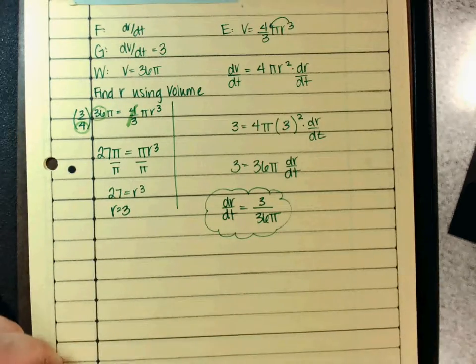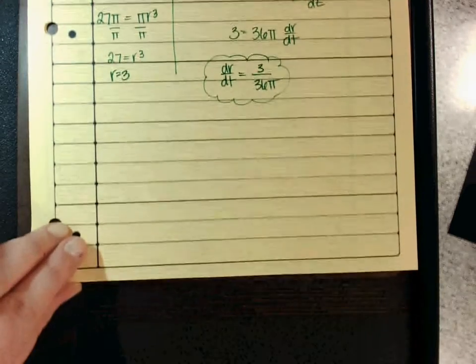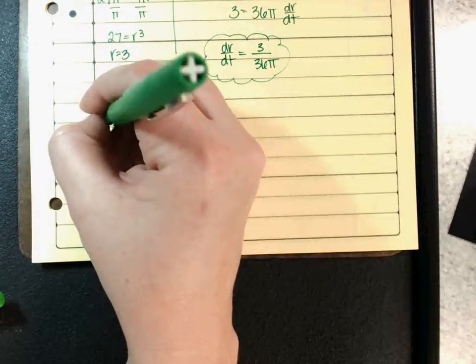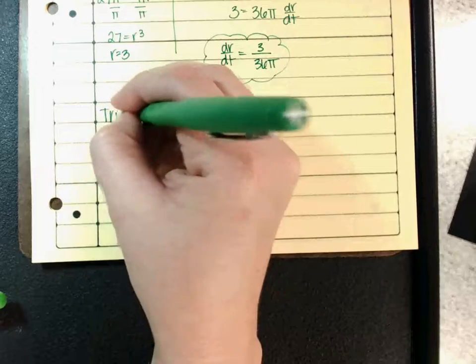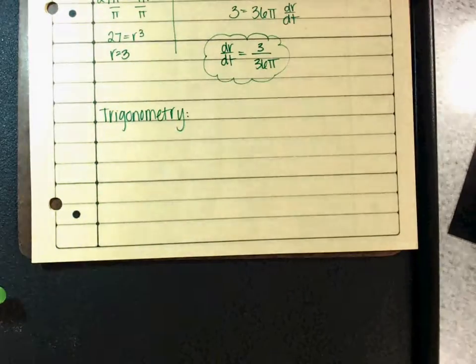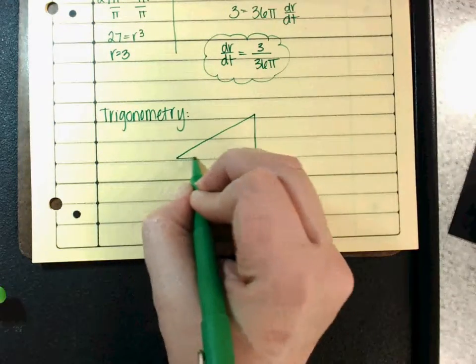Alright, we are going to move to the pink sheet, and we're going to start doing a little bit of trig. So before we do that, I'm going to give you a random triangle, and I want you to see what you remember from your trigonometry. Okay, let's say that you have a triangle. We'll say it's a 6, 8, 10.